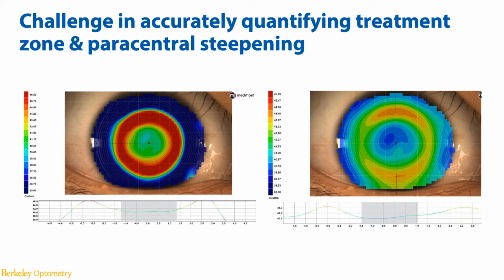So here I'm showing you the same eye and the topographical changes in two different displays. On the left side, I'm showing you the post-treatment map on the tangential display, and on the right side on an axial display. As you can see, both of them are showing in a custom color scale to maximize the changes.